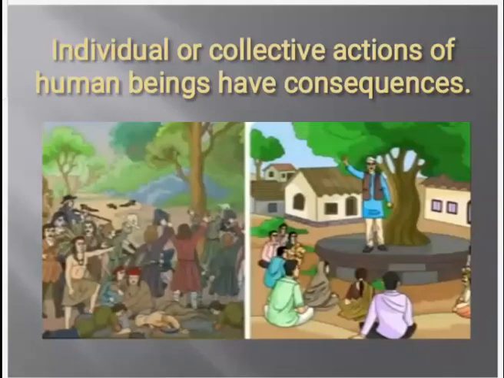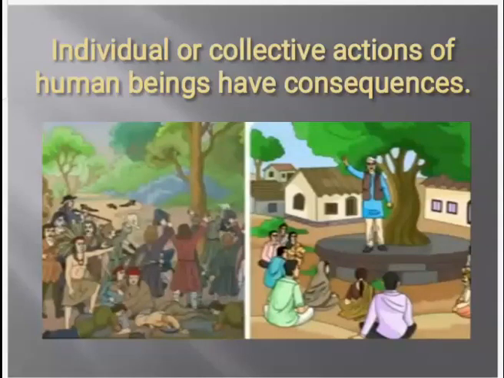Individual or collective actions of human beings have effects. Individual means single, or collective means group of people's actions have effects. They result in an environment that may be either favourable or unfavourable for the progress of society.